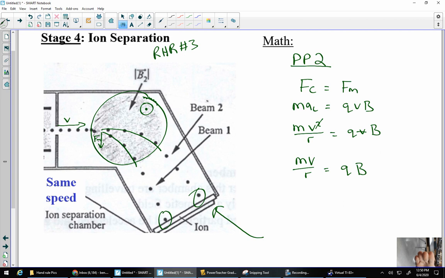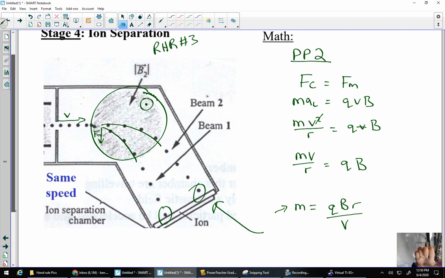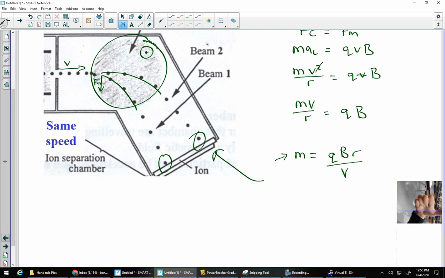Even what we could do is, I'm just going to solve for mass: M equals QBR over V. We could even figure out the masses of those individual isotopes if we knew their charges, we knew the magnetic field, we can measure the radius, and we can figure out the speed in the velocities section. So let's go through and let's have a look.